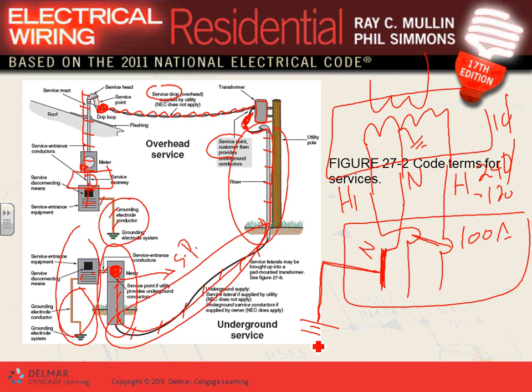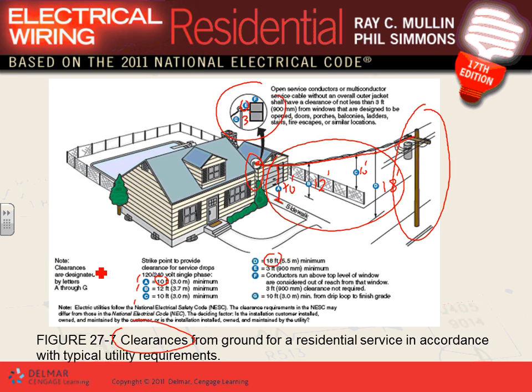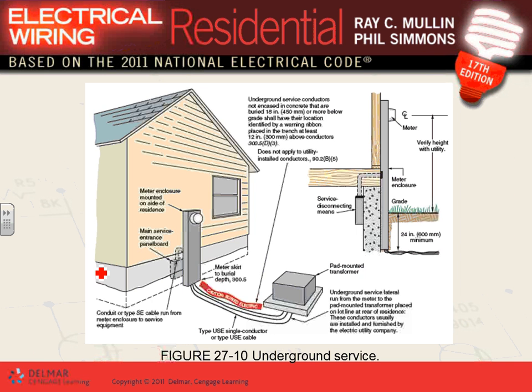So the same thing, guys, right here. This conductor here, in this case, would be the service entrance conductor. And the whole terminology, guys, is to get you into understanding who owns what, when, and where.